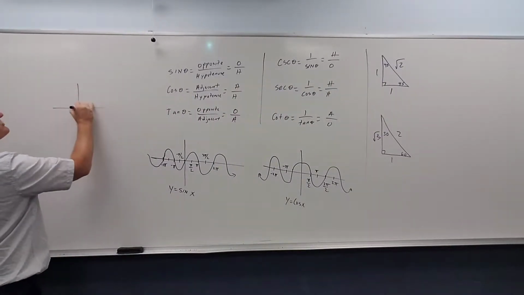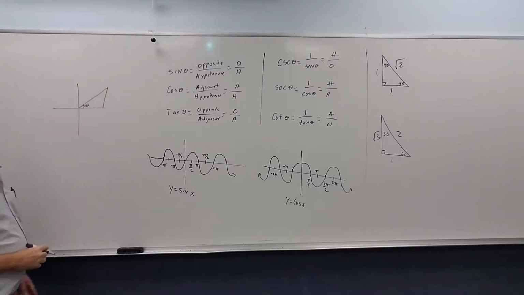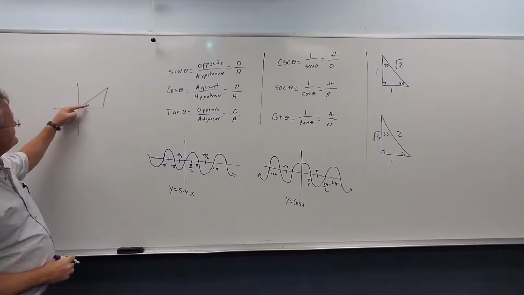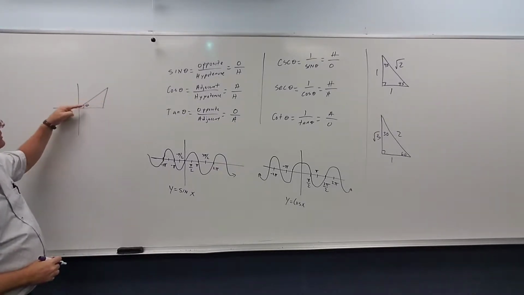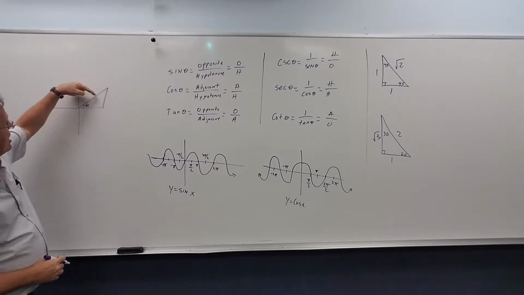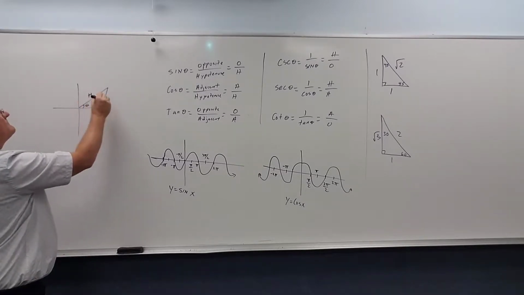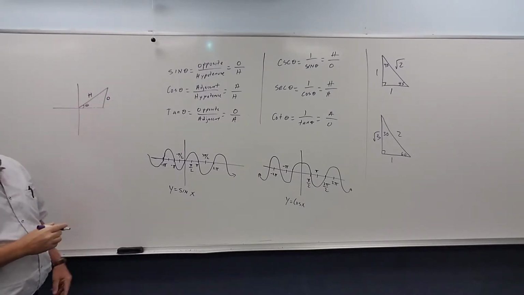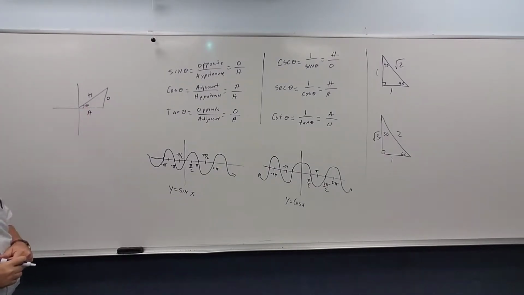If we have a triangle here, and here's our angle theta, relative to this angle, think of yourself standing here, looking out, this is the opposite side. The longest side is always the hypotenuse, and the remaining side is your adjacent. So that's relative to that angle there. That's the way it always works.